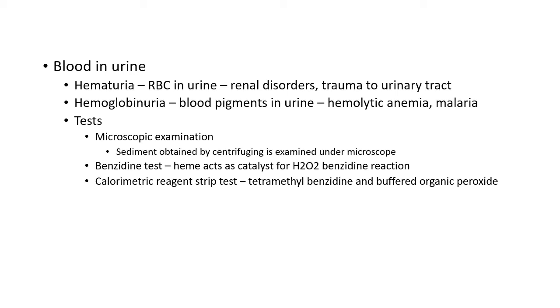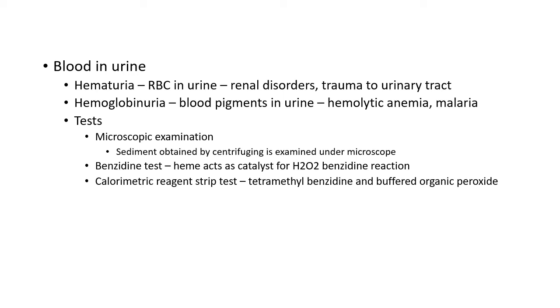Hematuria refers to red blood cells in urine, and this occurs in various renal disorders, trauma to urinary tract, etc. Whereas hemoglobinuria refers to presence of blood pigments alone in the urine, and this occurs in conditions like hemolytic anemia, malaria, etc. The tests for detection of blood in urine include microscopic examination, where sediment obtained by centrifuging is examined under the microscope and number of red cells per microscopic high-power field is reported.